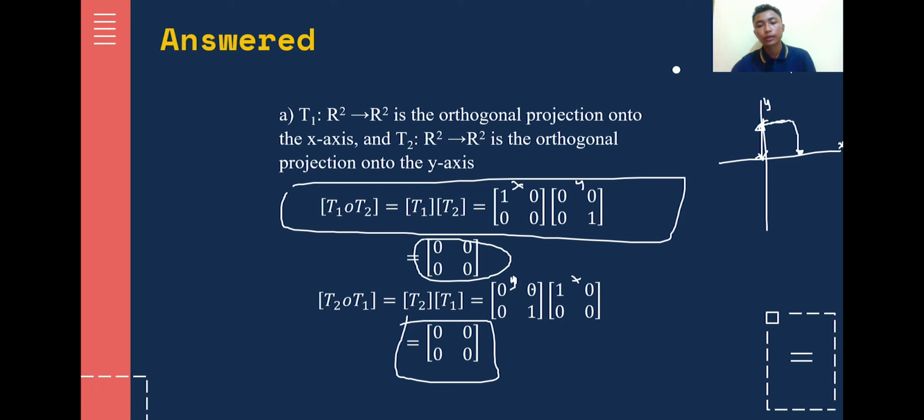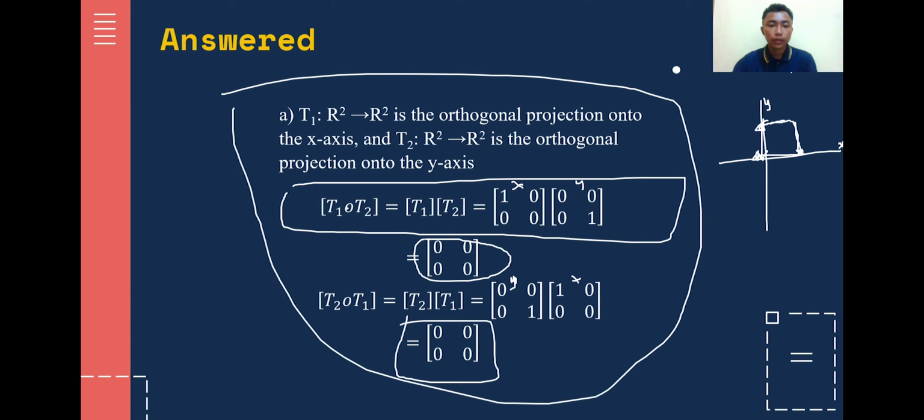Like I said before, first we are in the y-axis, so we make the value of x become 0, and after that in the x-axis we make the value of y become 0. So this will have the same result, and we can say in number A, T1 or T2 is the same as T2 or T1.